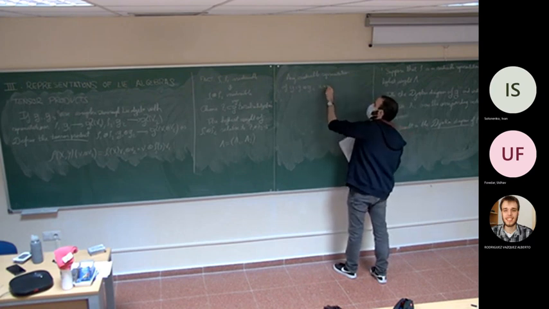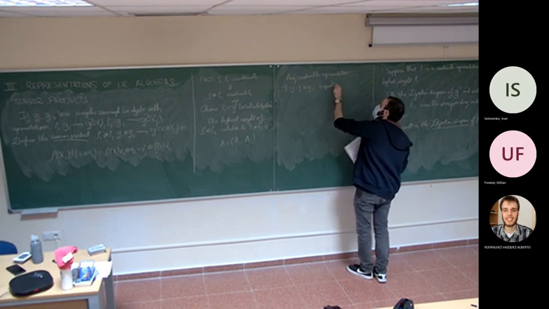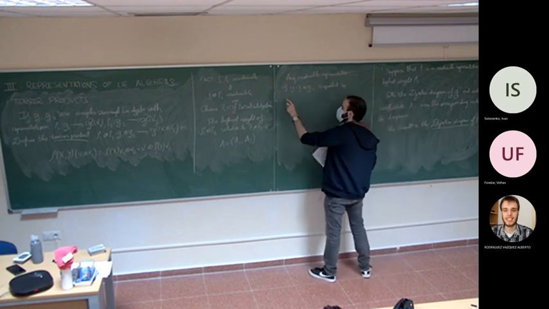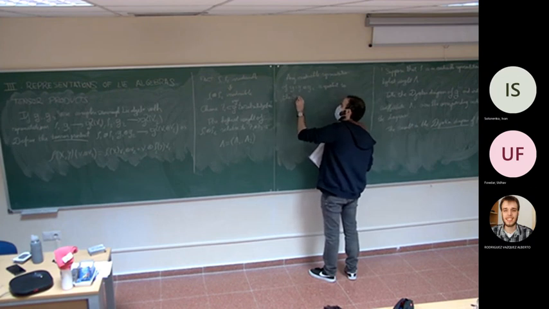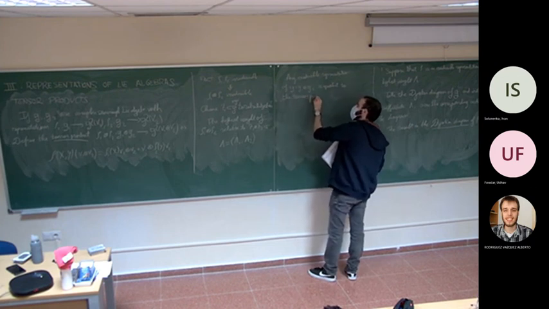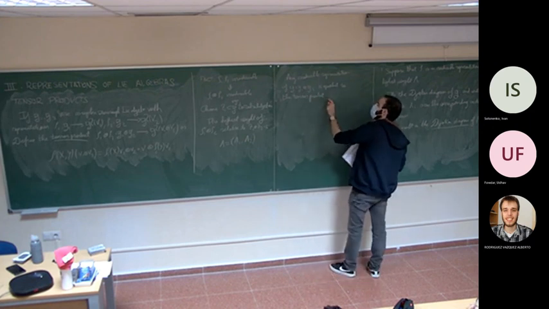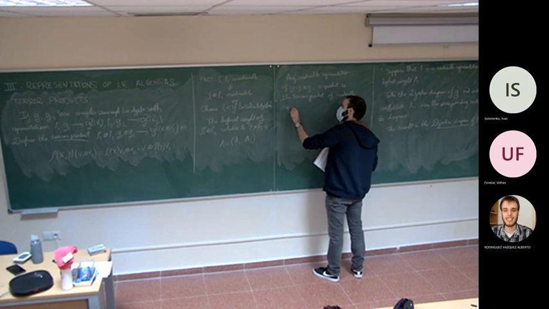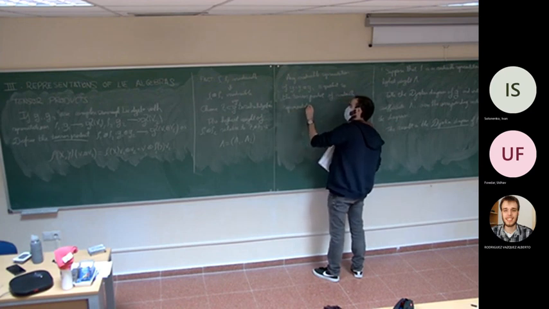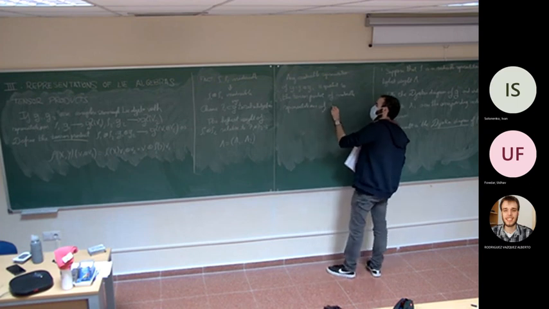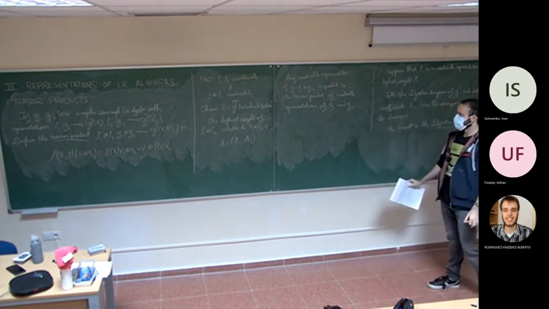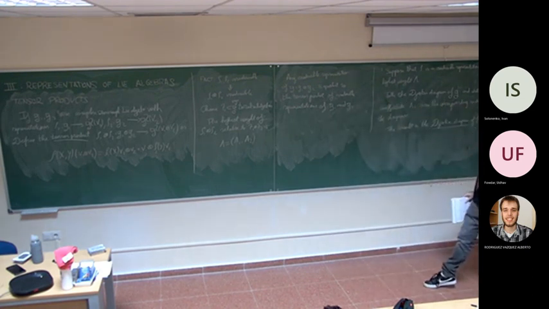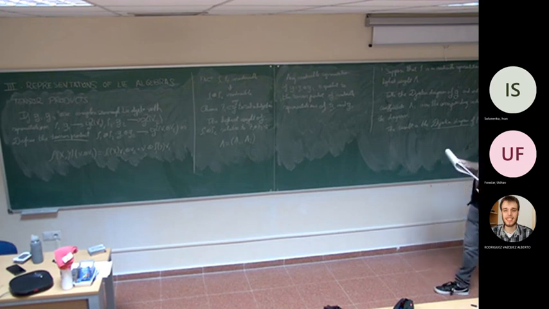It is equivalent to the tensor product of irreducible representations of G1 and G2. So to summarize, if we know the irreducible representations of each of the summands, we know all of the irreducible representations of the direct sum.